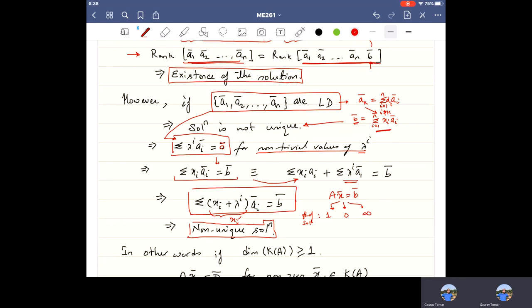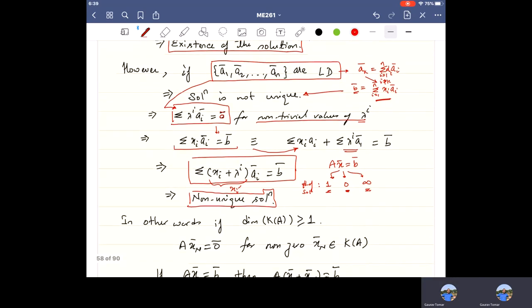You have either infinite, 1, or no solutions. If B does not belong to the column space of A, then you have no solution. If the column vectors of A are all linearly independent, then you have a unique solution. And if they are linearly dependent, then there are infinite solutions.